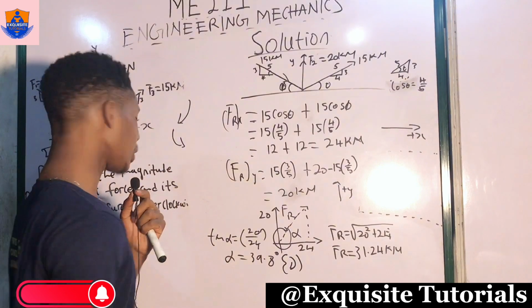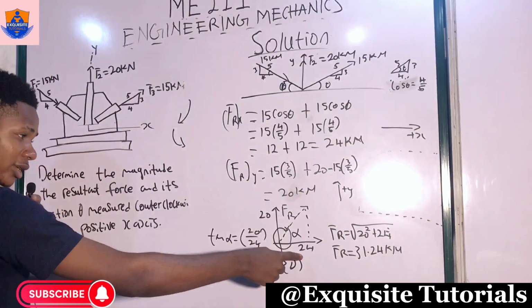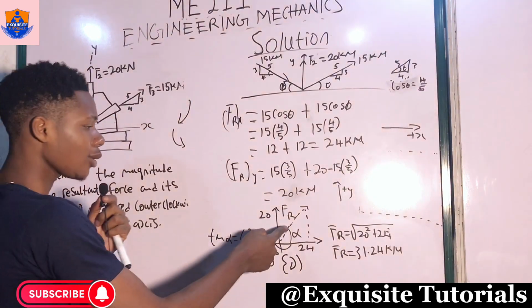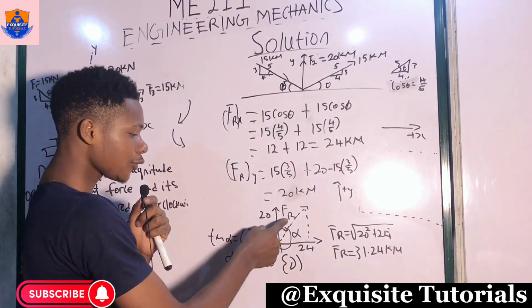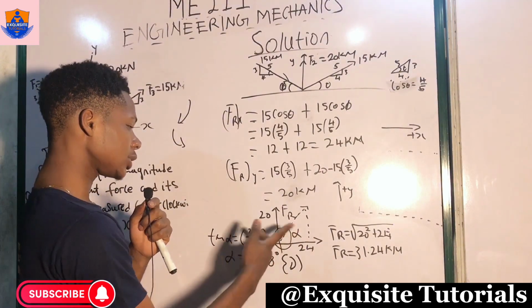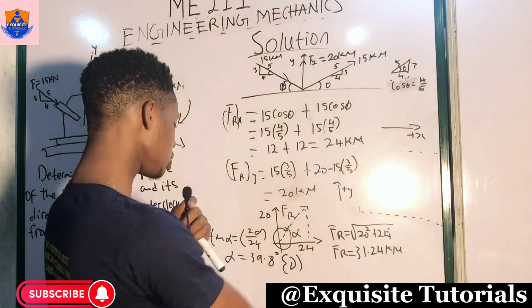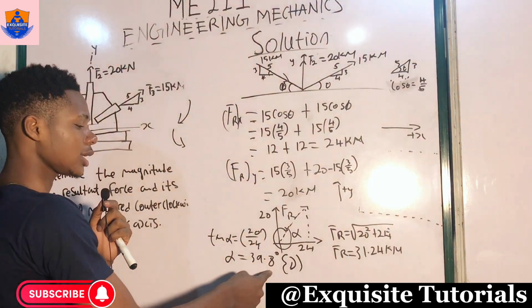But if the question said otherwise, that is, from the resultant vector to the positive x-axis, we're going to be taking the sum of the angles from this direction to this guy. That will be same as 360 minus 39.8 degrees. So our final answer is 31.24 kilonewtons in the direction of 39.8 degrees.